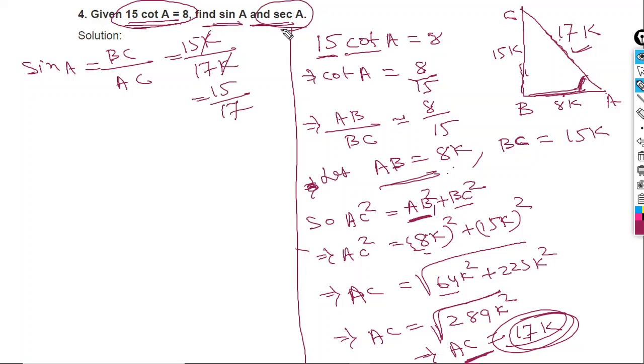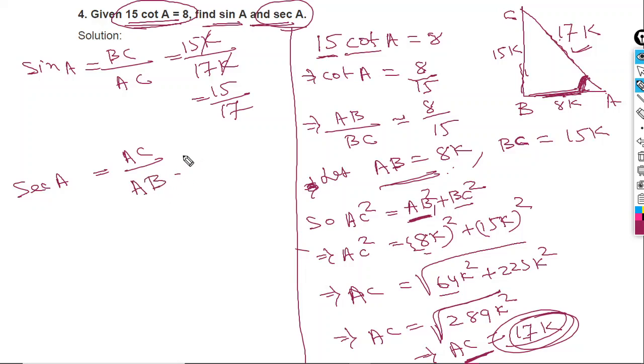Similarly, we will find sec A. Again look at the figure, angle A. Remember the formula, sec A equal to hypotenuse divided by side adjacent of angle A. So AC divided by side adjacent of angle A, which is AB.